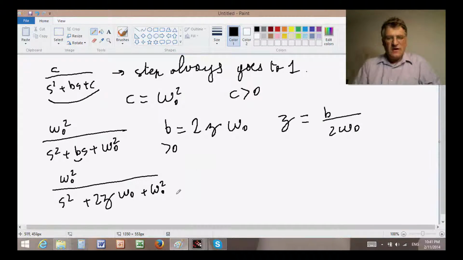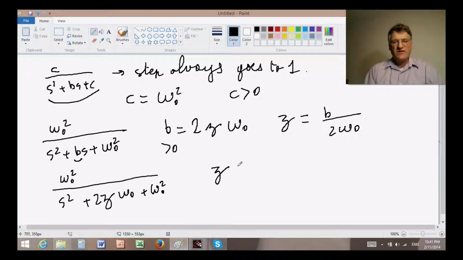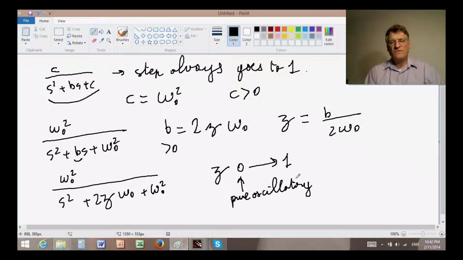Now why is that a useful thing? It's because as zeta varies from 0 to 1, the response of the system goes from purely oscillatory to critically damped.